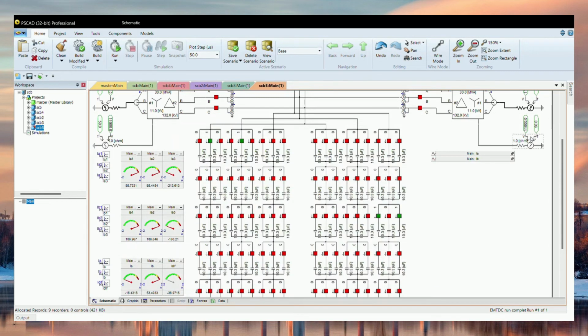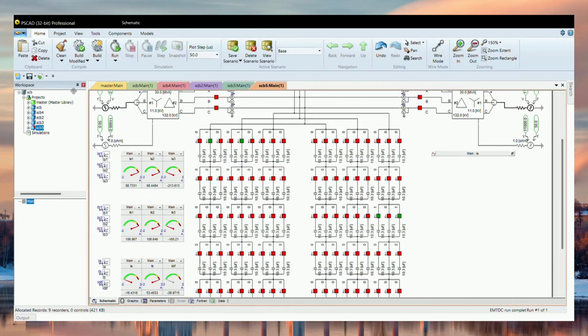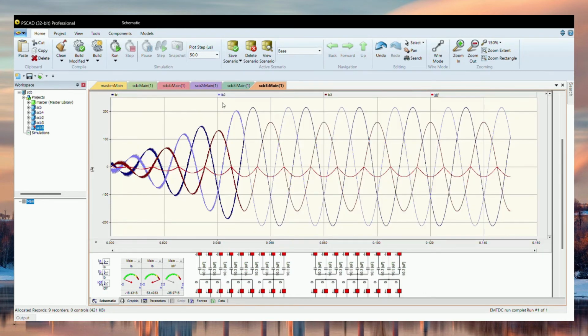Okay, now for graph IB. For graph IB, we can see that because IB3 has two faulty capacitors, the current peak is lesser than IA1 and IA2, and even when we compare IB1 and IB2, we can see that the value is very different.